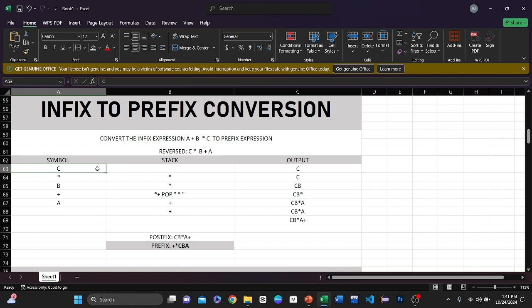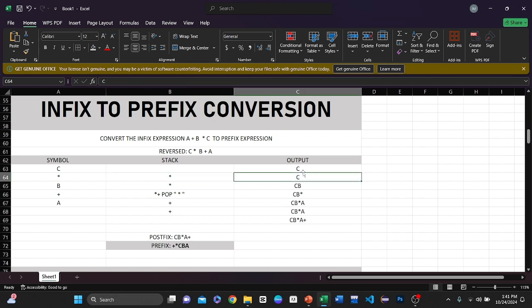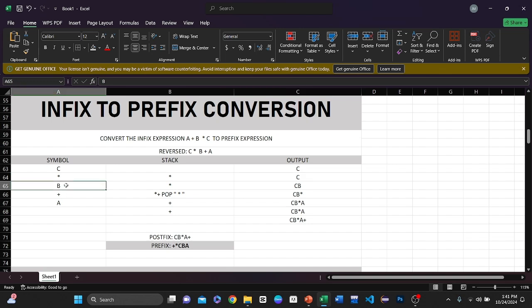Our rule is that an operand is placed in the output, and an operator is placed in the stack. So C goes to the output. Then the next symbol is the asterisk. The asterisk is an operator, so it goes to the stack. Next is B.